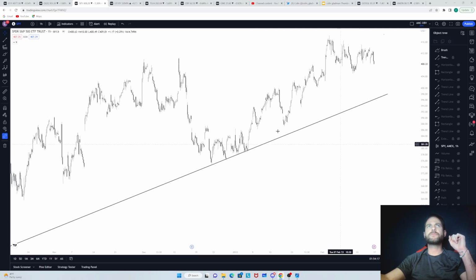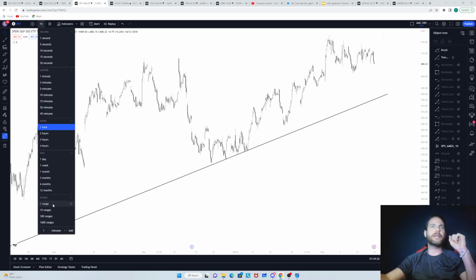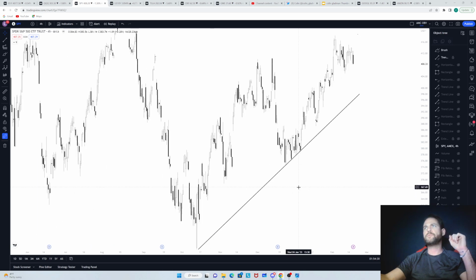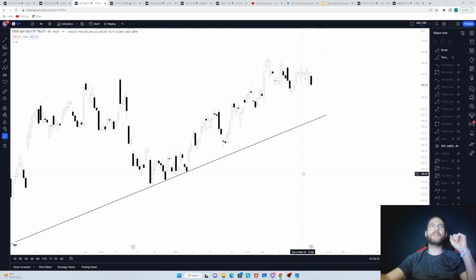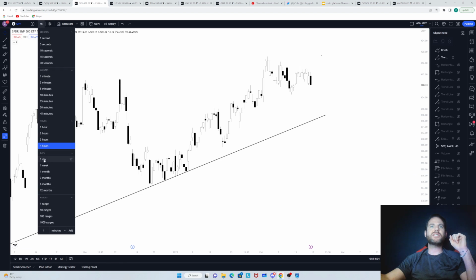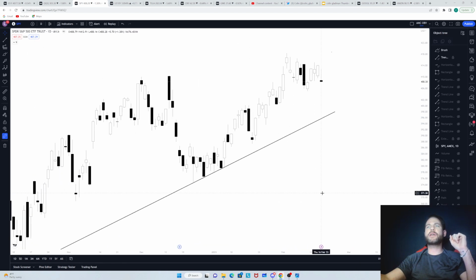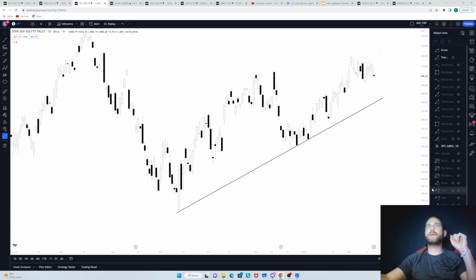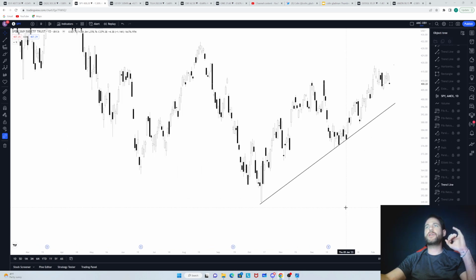Now, if you ever want to change, once again, your time, so you've got your symbol up here, your ticker symbol. Right next to it is going to be all your different time frames that you can look at. So this is going to be the 4-hour chart. It really depends. If I'm looking more macro, if I want to see the big picture, then I'm going to use daily.